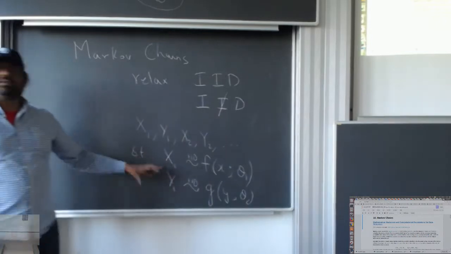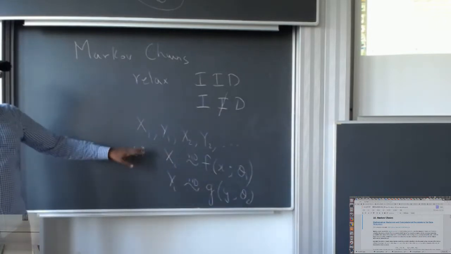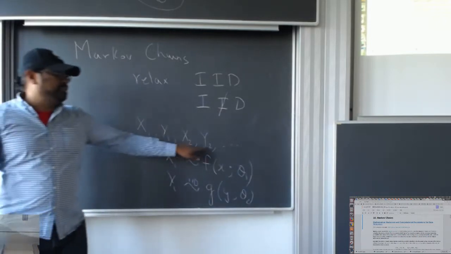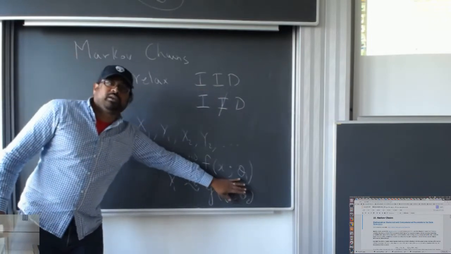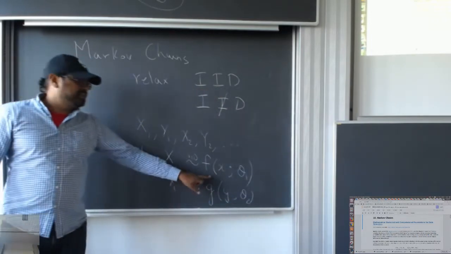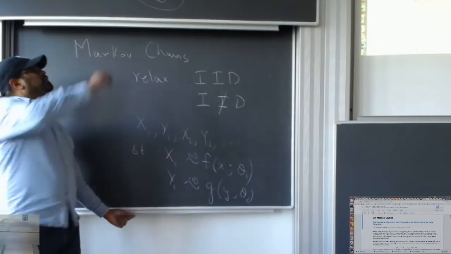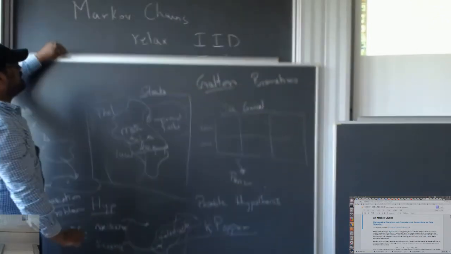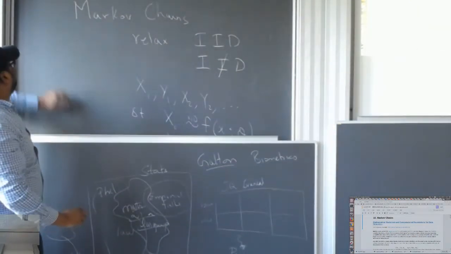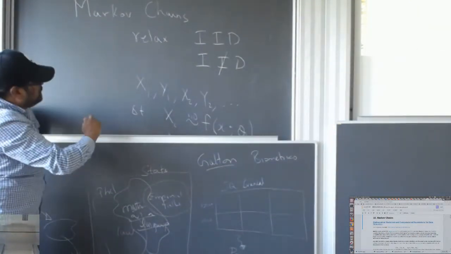So this is saying all of them are not identically distributed as the same f, but some of them have this density and some of them have this density, right?